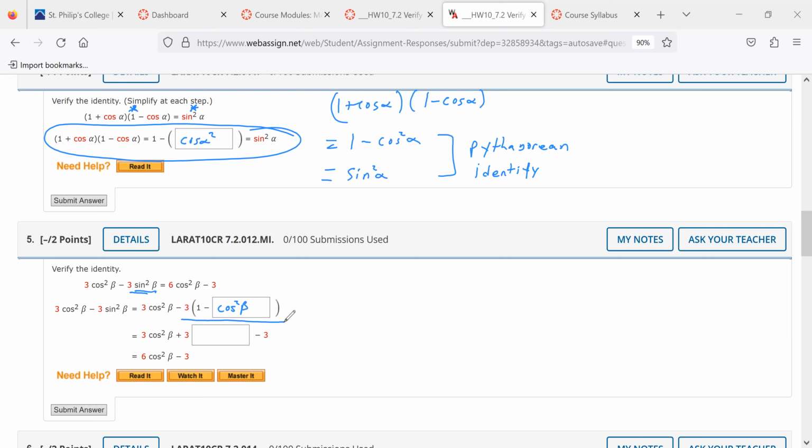So this -3 times the -1 is this one. -3 times a cosine would be 3 cosine squared beta. 3 plus 3 is 6. I see.